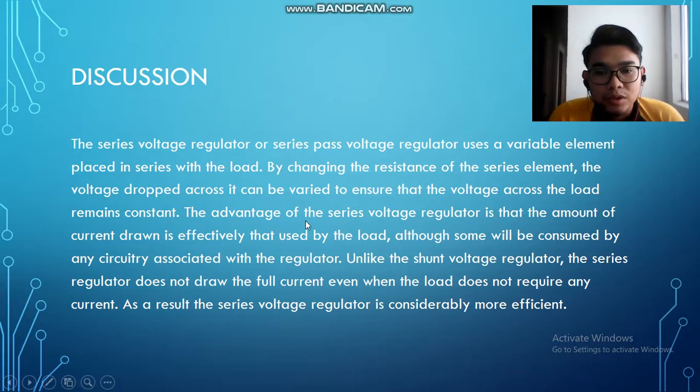The advantage of the series voltage regulator is that the amount of current drawn is effectively that used by the load, although some will be consumed by any circuitry associated with the regulator. Unlike the shunt voltage regulator, the series regulator does not draw the full current even when the load does not require any current. As a result, the series voltage regulator is considerably more efficient than the shunt regulator.